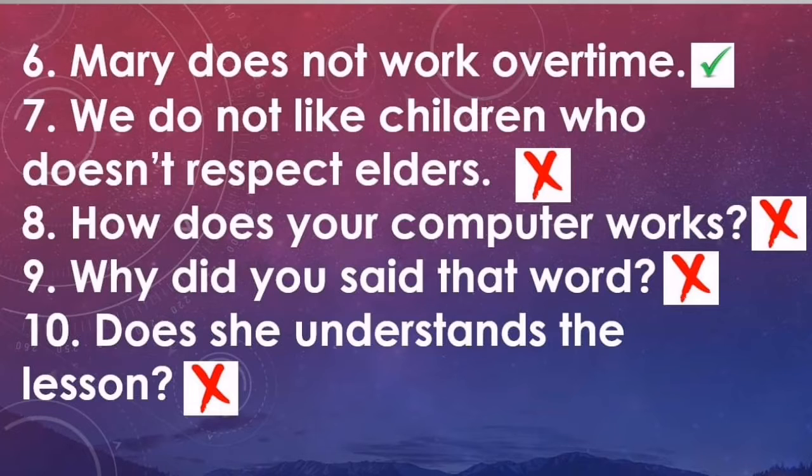So, doesn't must be don't. Let's say we do not like children who don't respect elders. That's the right answer. Number 8, how does your computer works? Okay, our subject here is computer and computer is only one, so does is correct.